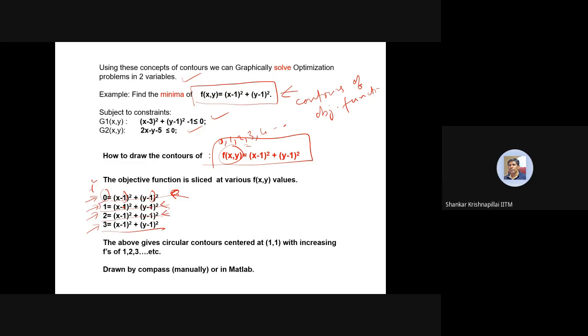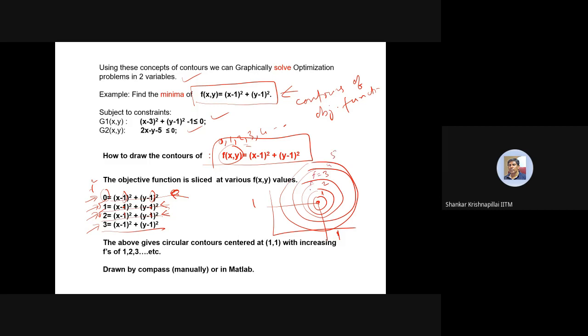The third slice is a circle centered at 1, 1 and the radius is √2, and so on and so forth. So it will be like this. This is 1, 1. This will be the contours of this objective function. So it will go like 1, 2, 3, 4, etc.